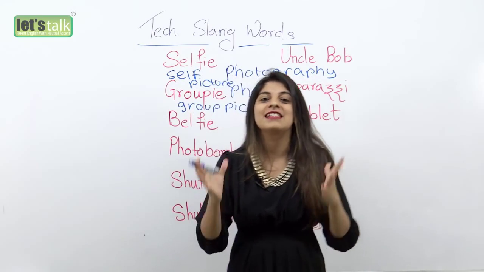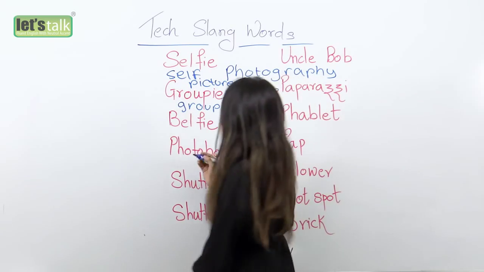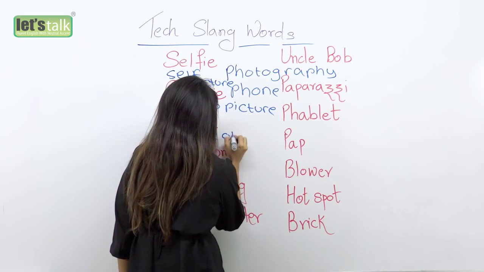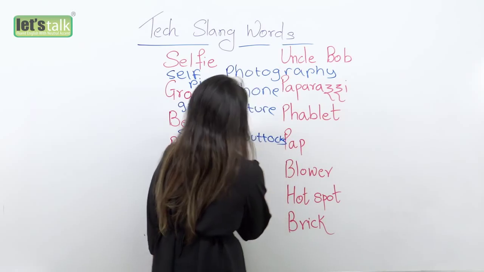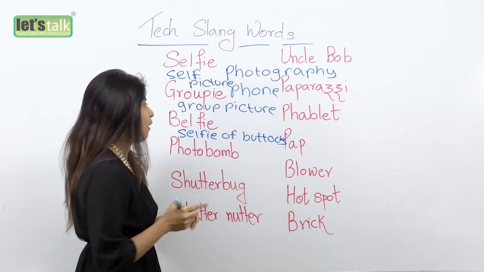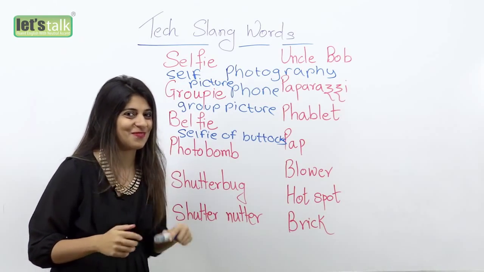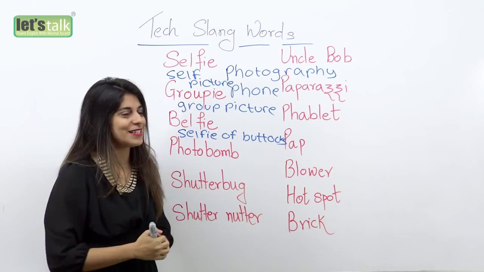So belfie is a selfie of your buttocks. So the next time you come across that kind of a picture, you can say, hey, that's a belfie. Okay, so you know what exactly it means and what it is called.